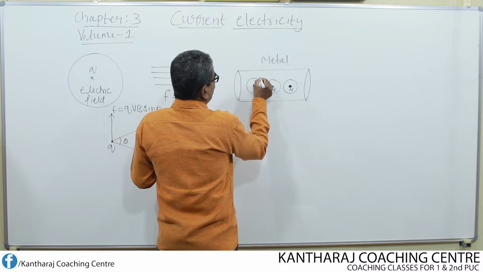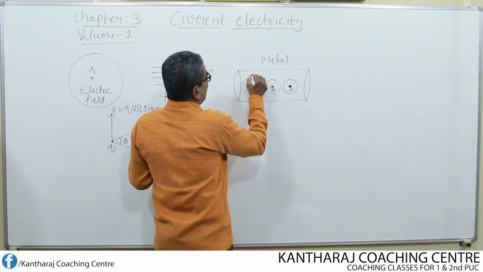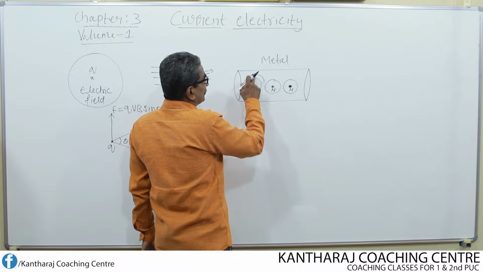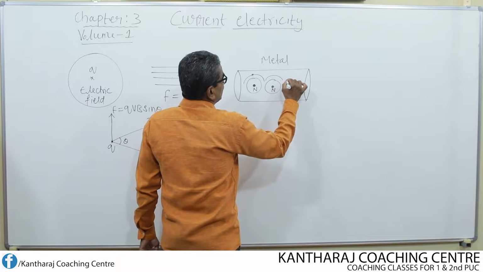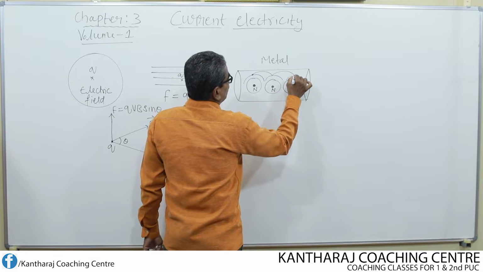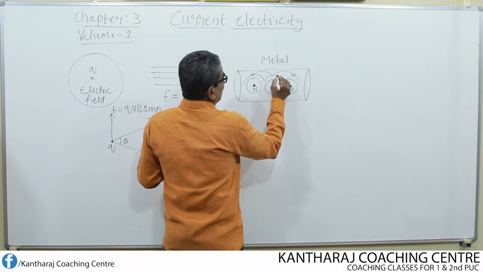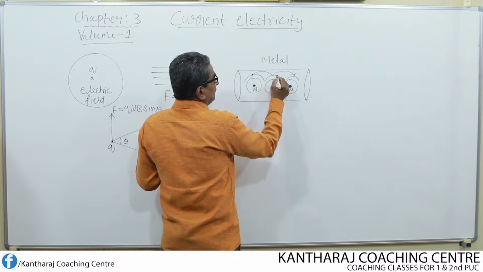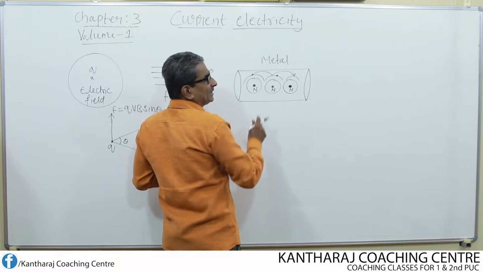That means, suppose I consider this as the outermost orbit, the electron of this atom keeps jumping from atom to atom. The same thing happens for the electron of this atom also. This electron may move either toward this atom or toward this atom.